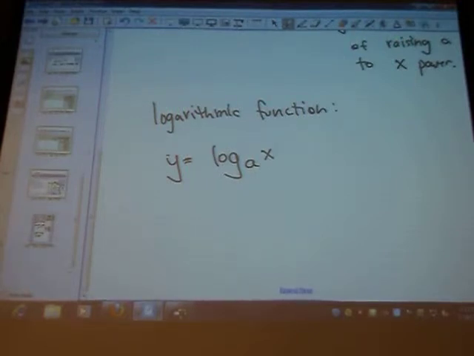So the way that I would say this is log base a of x. And I need you guys to say that. Log base a of x. So please make an effort to say it the correct way, so you don't sound like a bunch of hillbillies.